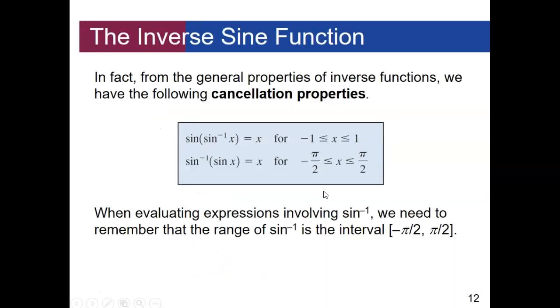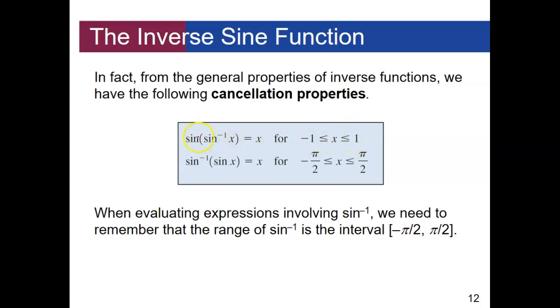Looking at these cancellation properties for inverses, if we compose the function and its inverse, we should get x. But that's only going to be true for certain restricted domains. Here, since inverse sine is the first function we're starting with, we need to use its domain, which is from -1 to 1.